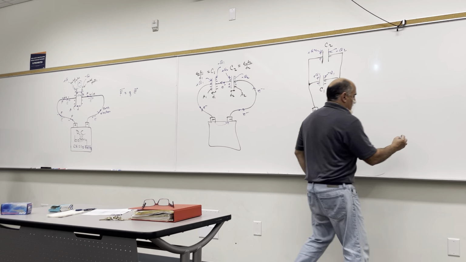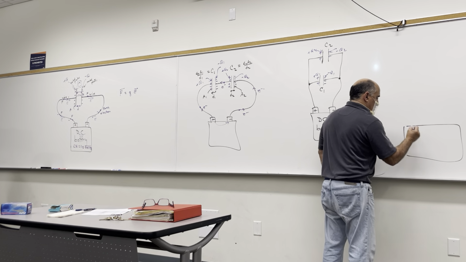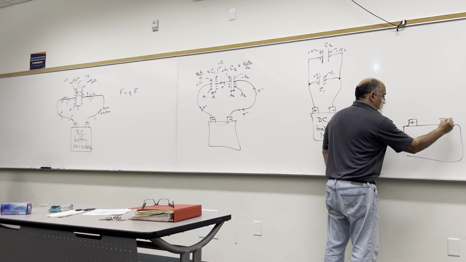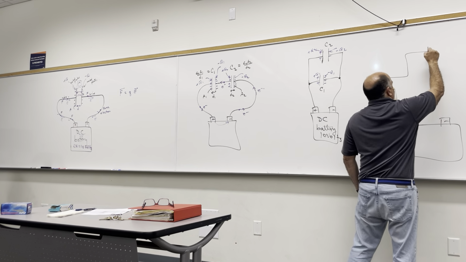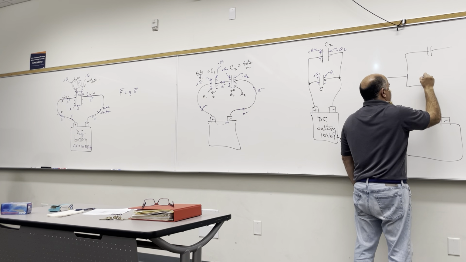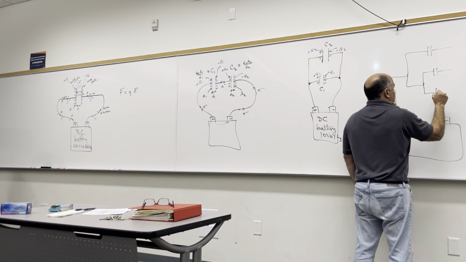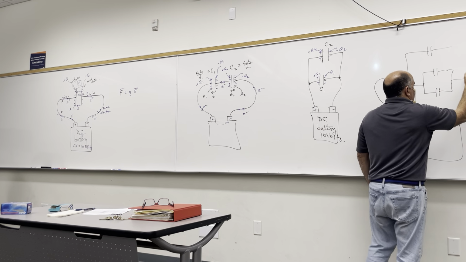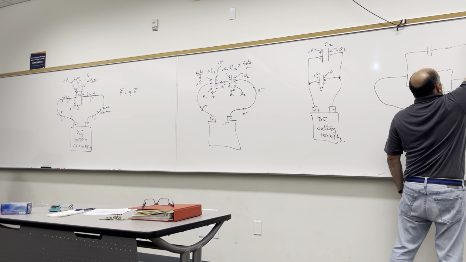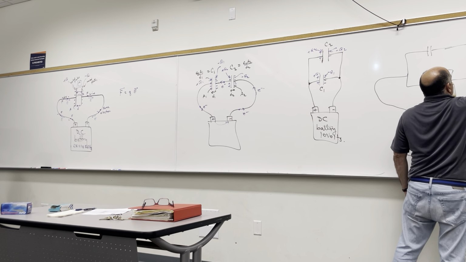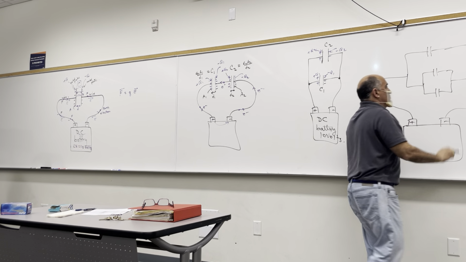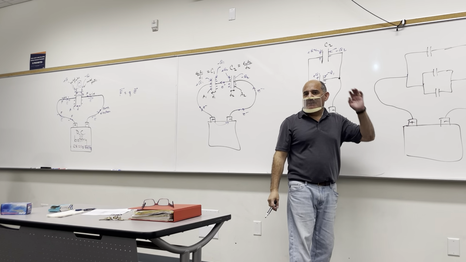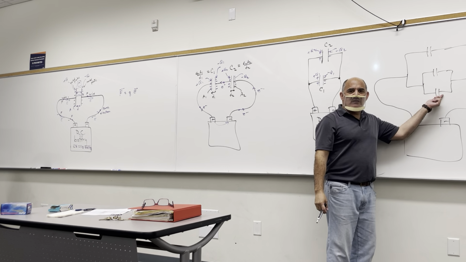And then, what if we have a battery like this, and then maybe I go like that, and I put a capacitor there, and I go like this, and I go like that. And then more wires. That looks like a nightmare. And I have various capacitances, and what's going to be the charge in this, in that?